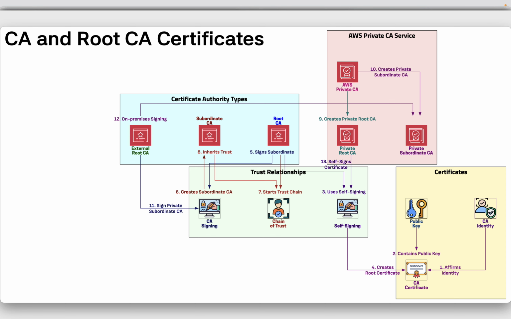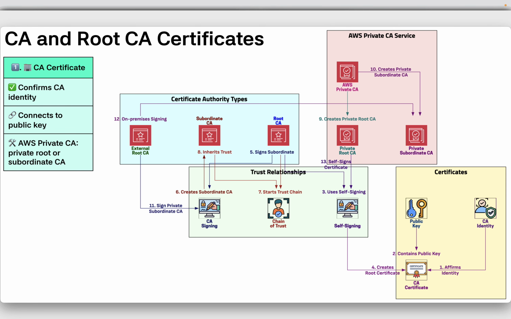CA and root CA certificates explained. So CA certificate, a certificate authority certificate confirms who the CA is and connects it to the public key in the certificate. You can make a private root or subordinate CA with AWS Private CA, and each has a CA certificate.